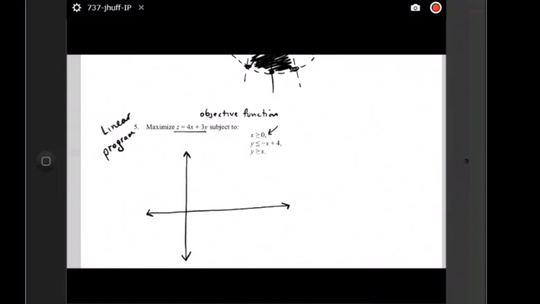Anytime you have x equals a number, that's a vertical line straight up and down. And it's greater than or equal to, so it's a solid one. So that is this line right here. This is the line x equals 0. And greater than 0 means shading to the right of that line, so we're going to be eventually shading to the right.